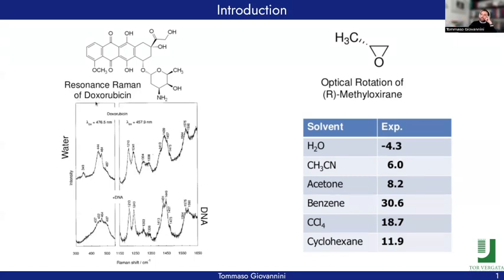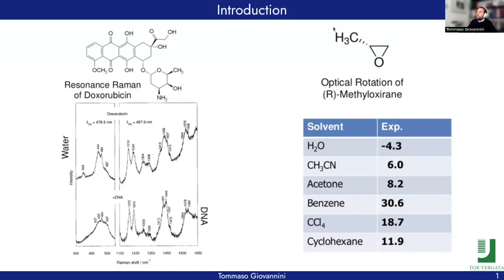And here you see that, for instance, if you study the resonance Raman, if you measure it in DNA or in water, they drastically change. Okay, so it can be a measure of whether the environment affects the spectral signal, and so when it is intercalated or not into the DNA. But here the important thing is that you are looking at the normal modes and the Raman activity of the molecule as affected by the environment.